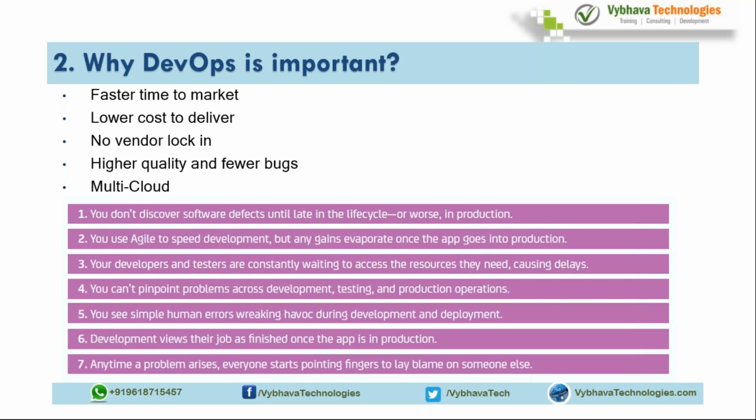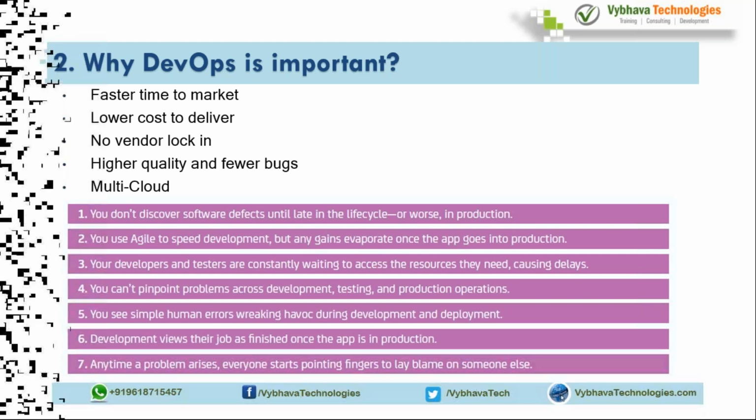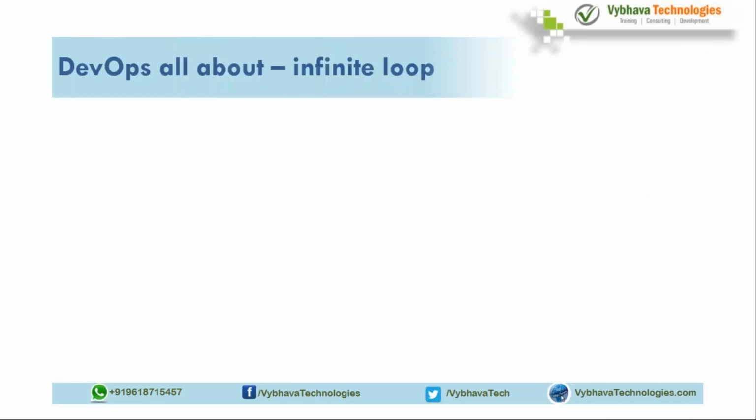That was the scenario in the old waterfall model or structure. Now in DevOps, everyone is equally a part. There is no specific team; development and operations teams are all together one team. That's why no blame game will work. So that's why DevOps is so important in the latest trends.